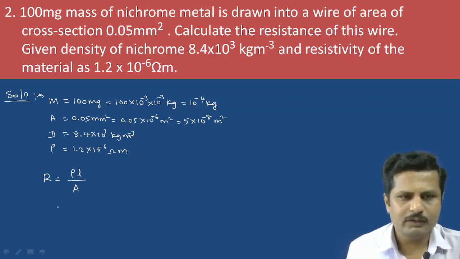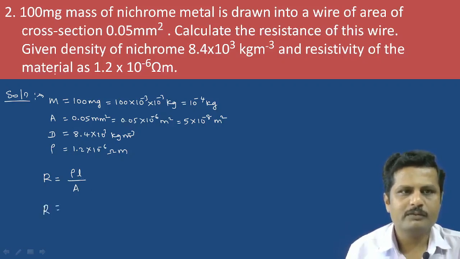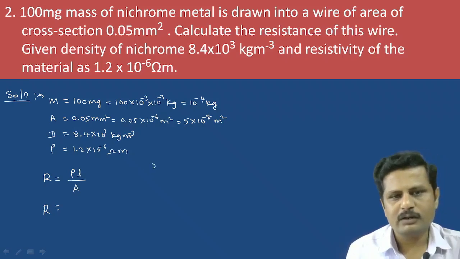Now let me express this resistance in terms of the given data. Here we know the resistivity and the area of cross section, but we don't have the length. So length must be expressed in terms of mass. We know that density is equal to mass by volume.